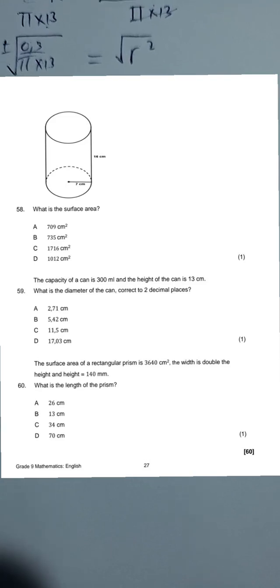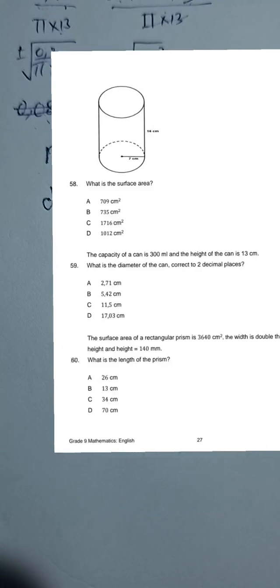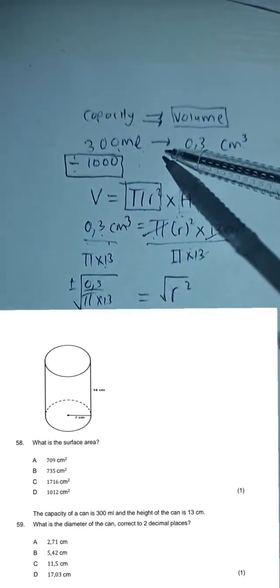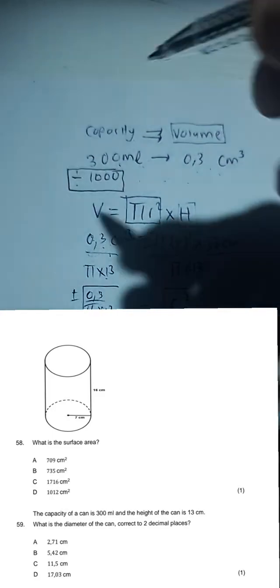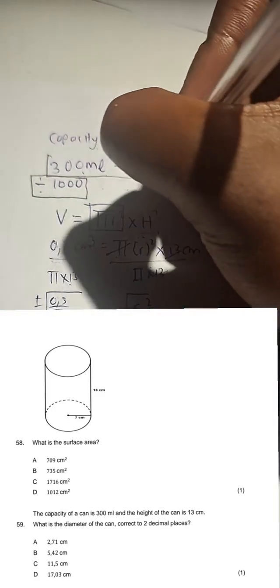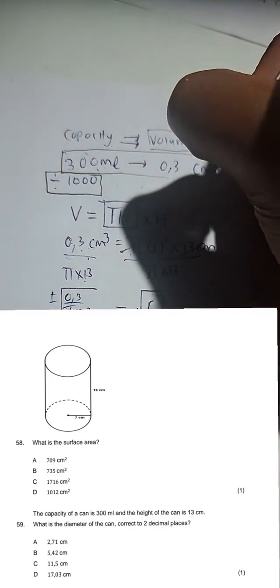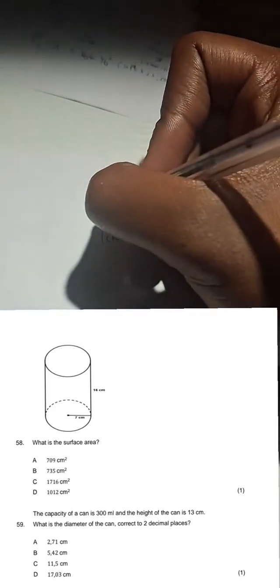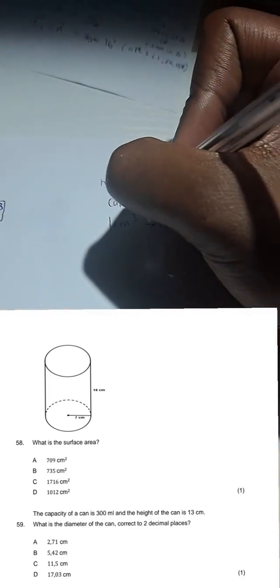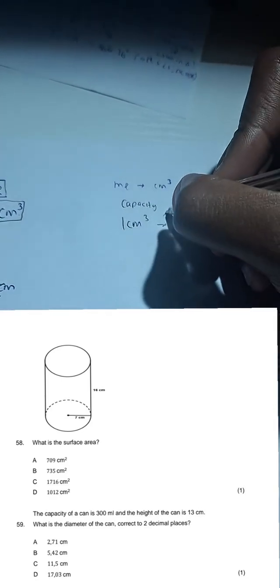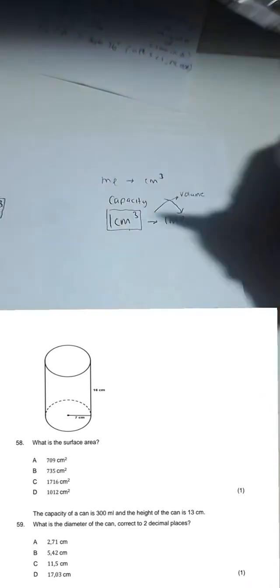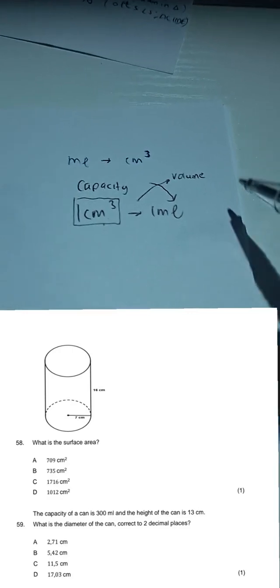So anyways, that's what happens, guys, when we do not know what we actually are doing. Everything here was fine. The one thing that went wrong was the conversion of milliliters to centimeters cubed. Which is why I'm going to ask you very strongly that you know how to convert capacity in milliliters to volume, which is in centimeters cubed. So I went and did my research, because that was something I did not know.